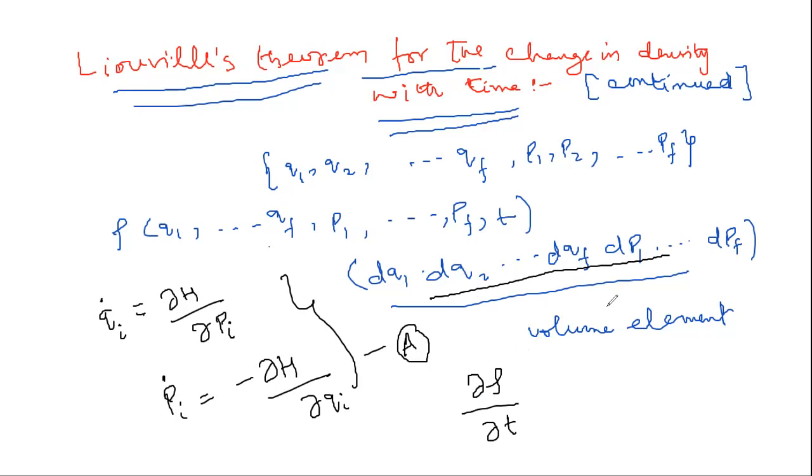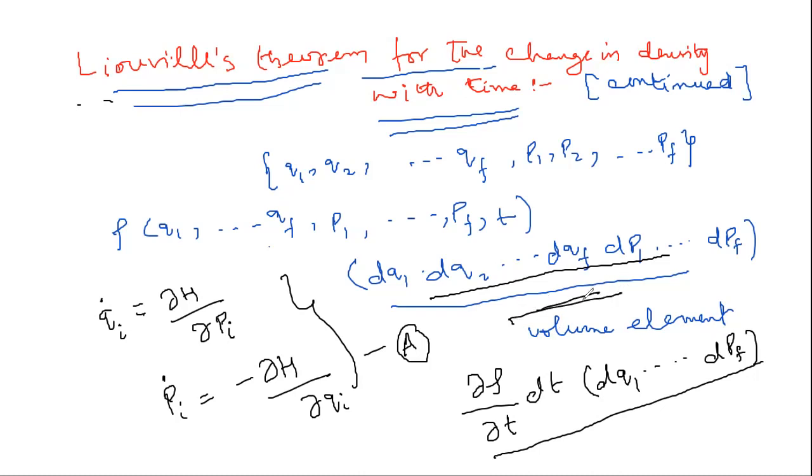the change in the number of systems within this volume element of phase space was this volume element times dou rho by dou t times dt. So dou rho by dou t times dt, when we multiply this by this volume element, which is dq1 up to dpf, what we get gives me the change in the number of systems within this volume element, which is my volume of interest, in time dt.